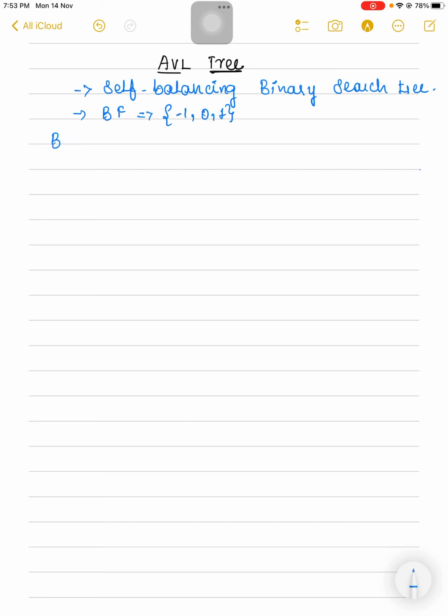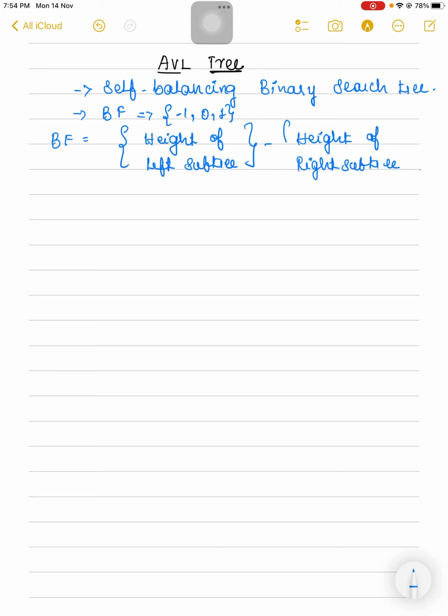To calculate the balancing factor, the formula is height of left subtree minus height of right subtree. So this is the formula for computing the balancing factor for each and every node.